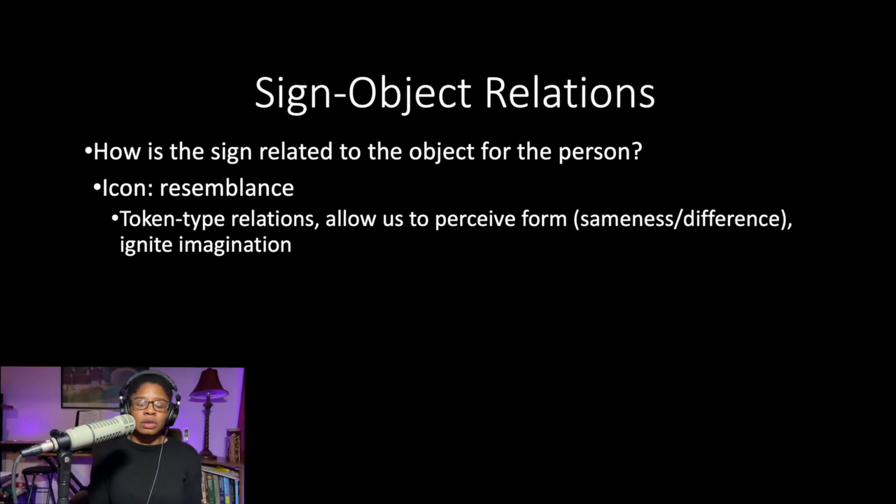So the first connection we talked about were iconic connections, relationships of resemblance. The easiest way to try and figure out whether a connection is iconic, indexical, or symbolic is to ask, am I perceiving some sort of sameness or difference here? Because iconic relationships are token type relationships. They allow us to perceive form, right?